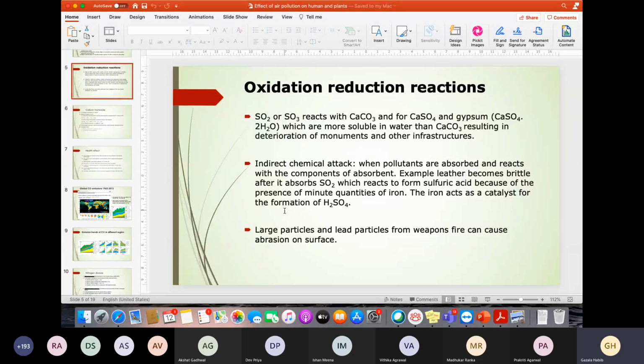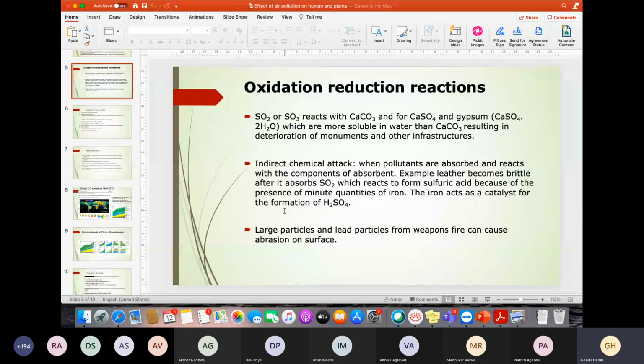So we had a paper, I think published in 2016, I don't remember exactly, but it was based on the data we gathered in Delhi when I joined IIT Delhi. Sampling was done in 2009-2010, and during the winter period of that year we saw high levels of sulfur dioxide, sulfate and nitrate ions, and iron at the same time.